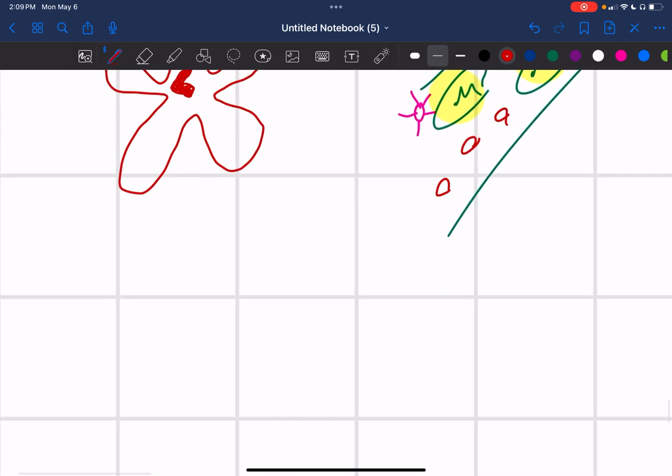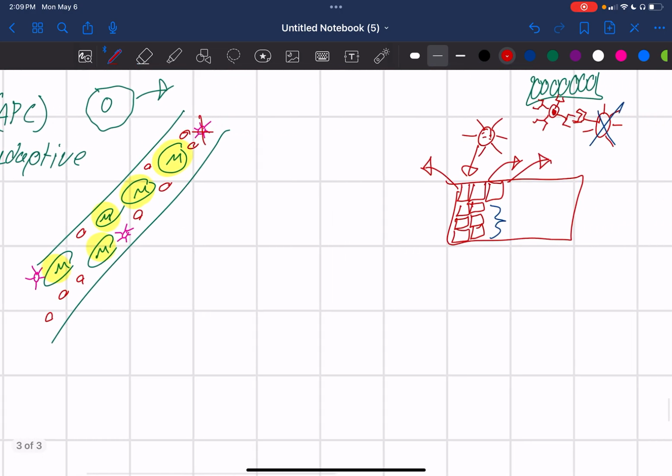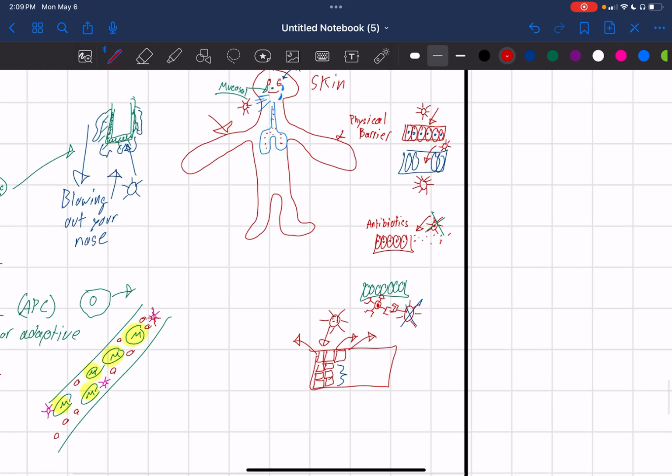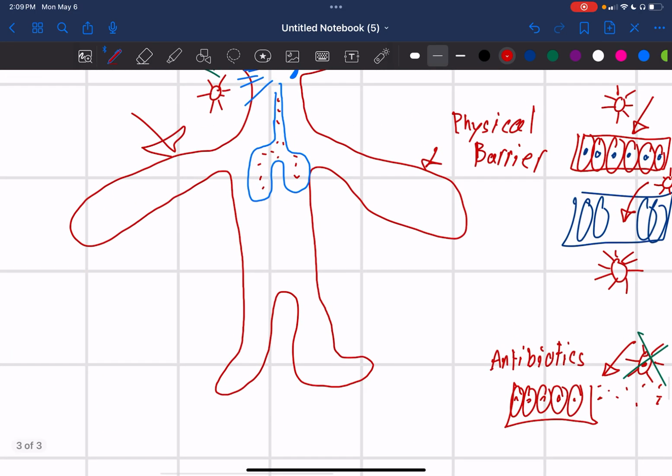The lymph nodes are other parts of our body that are responsible for immunity. It's its own system. It's kind of like this. I'm just going to do a bunch of little circles, and then a chain right here to show that it's connected.